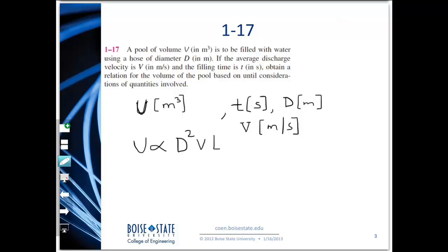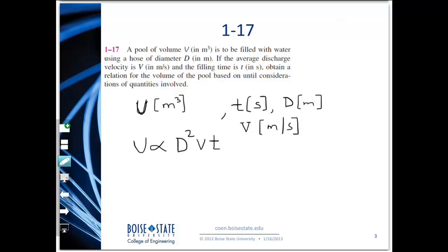All we want to do is try to use these variables and write a relation for the volume such that when we multiply d square with the velocity and the time, we get the units of the volume, which is cubic meter.